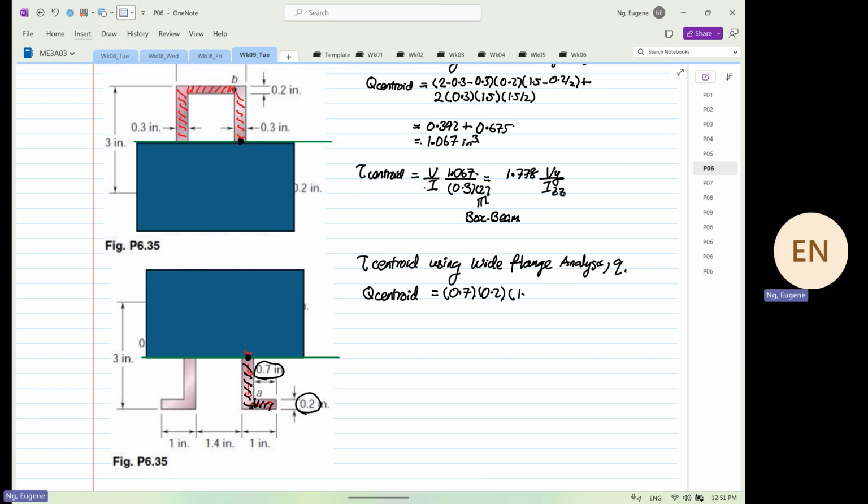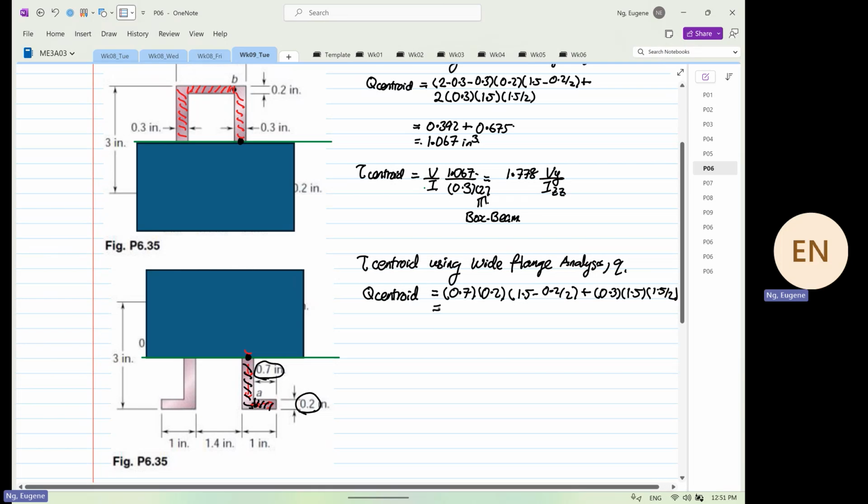So I'm considering the 0.7 and 0.2. And then you have 1.5 minus by 0.2 divided by 2 plus the width is equal to 0.3. This is the web part. The depth is 1.5 multiplied by 1.5 divided by 2.